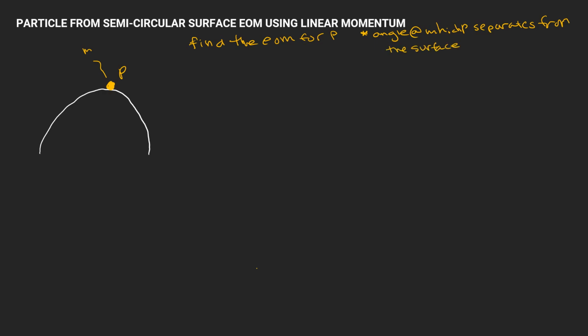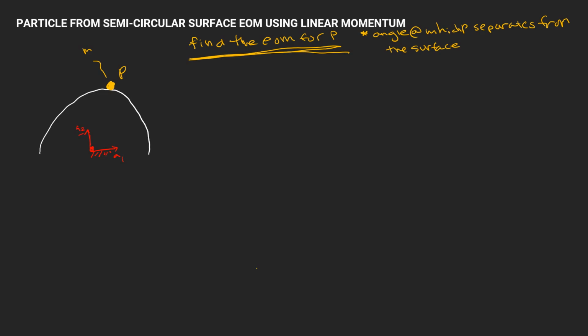But first, let's focus on this objective here, again, which is to find the equation of motion for point P. So of course, we're going to start by defining our reference frame. So here we have our fixed frame, A1 and A2.